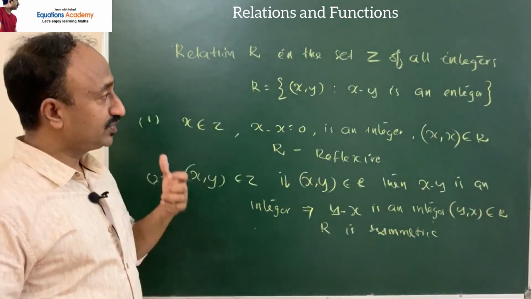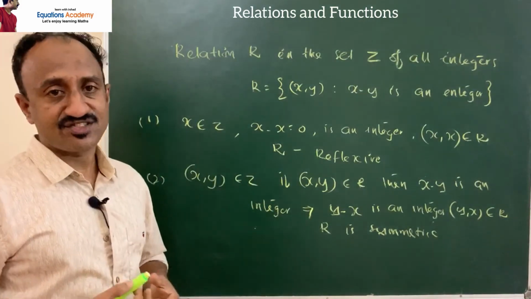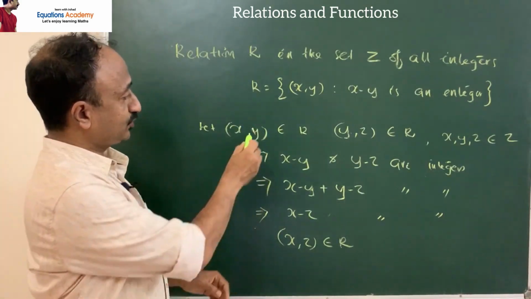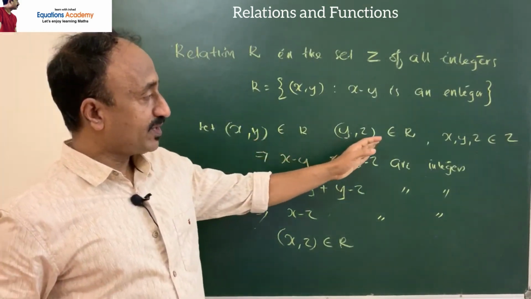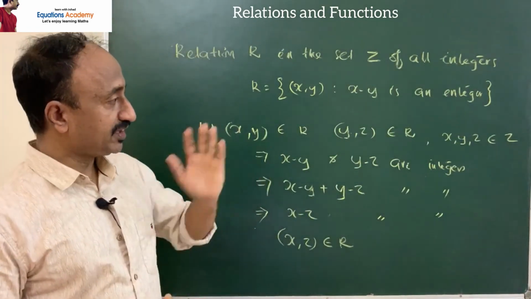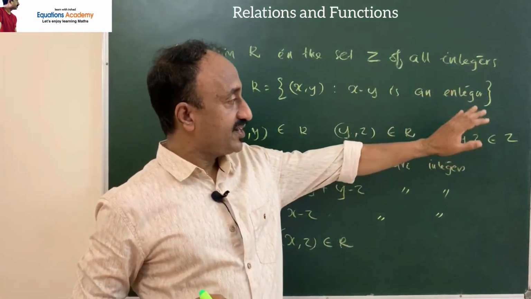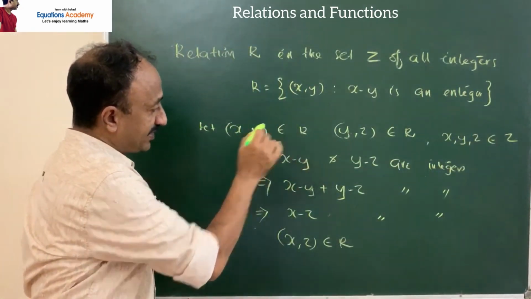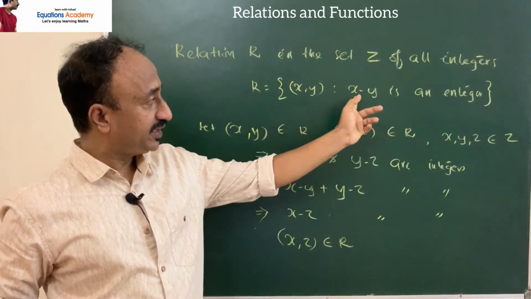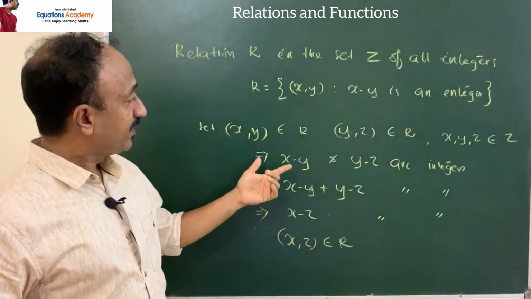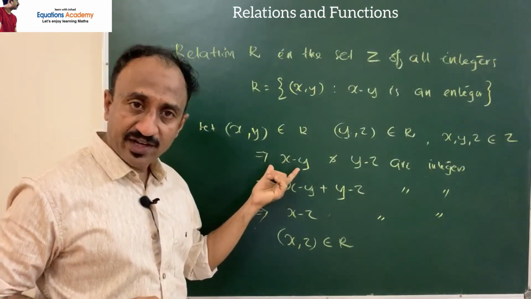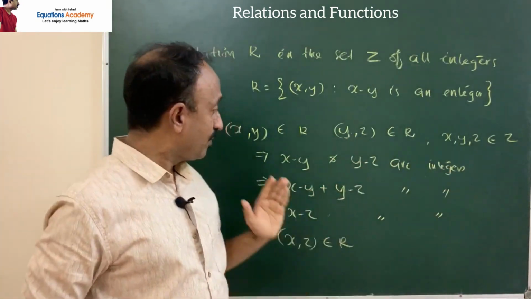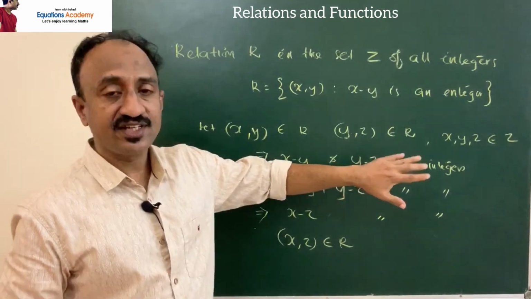Now, we have to prove whether this relation is transitive or not. Let (x, y) belong to R and (y, z) belong to R, for all x, y, z belonging to the set of integers Z. This implies that according to the definition, x minus y is an integer, and if (y, z) belongs to R, y minus z is an integer. So x minus y and y minus z are integers.